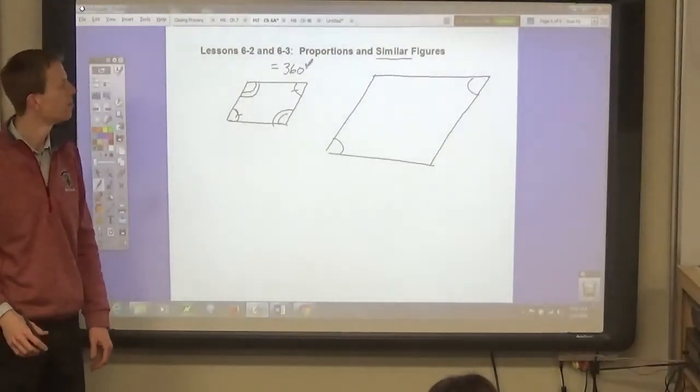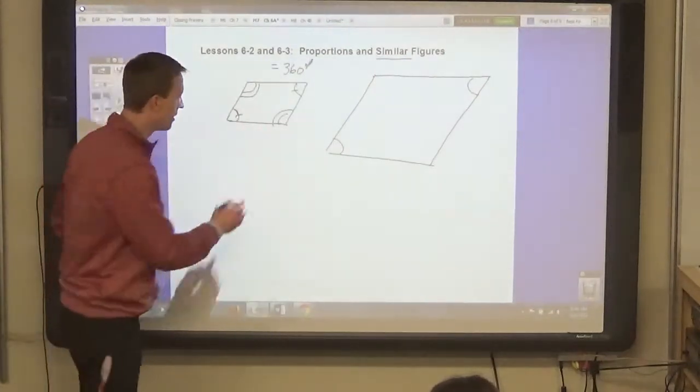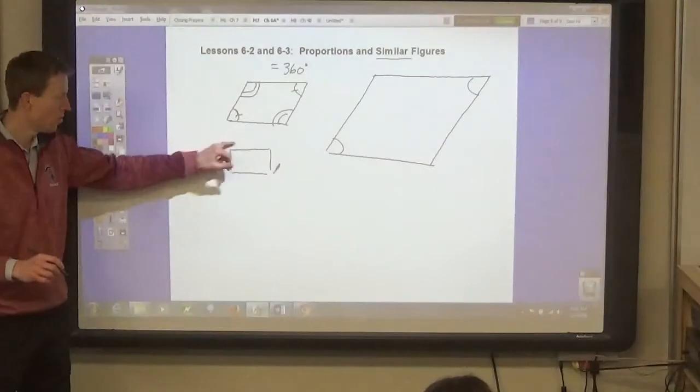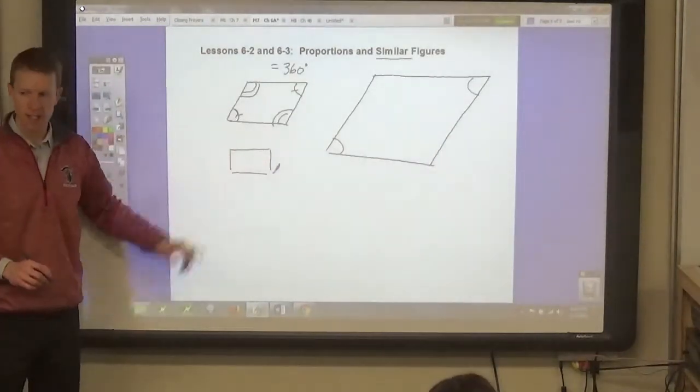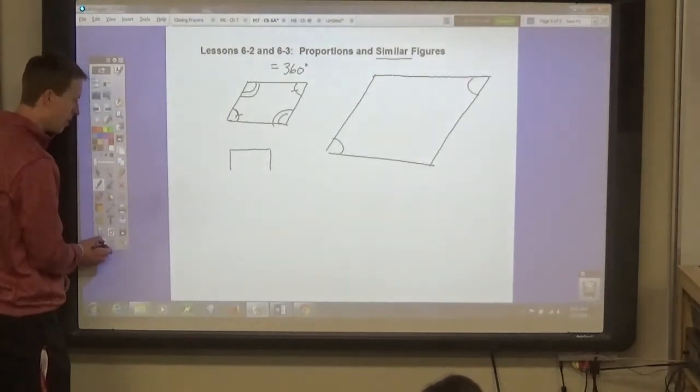Any rectangle is also a parallelogram because its opposite sides are parallel. But that's not really what we're talking about today.